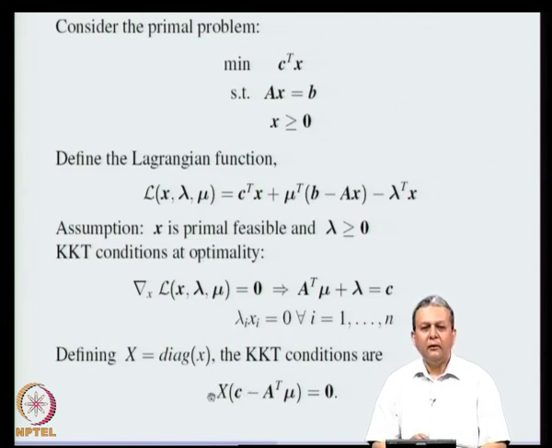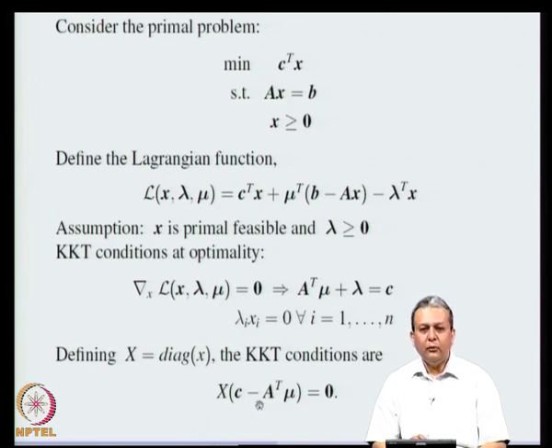And if xi equals 0, we have xi lambda i to be 0. So, xi into the corresponding component of lambda is 0. This condition needs to be satisfied at optimality. Now, that condition can be used to determine the value of mu.